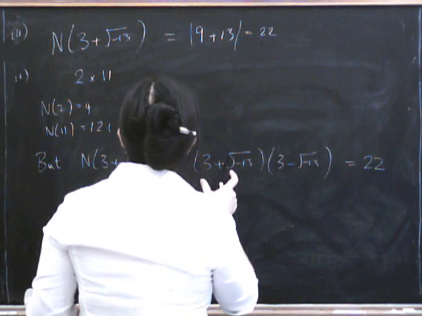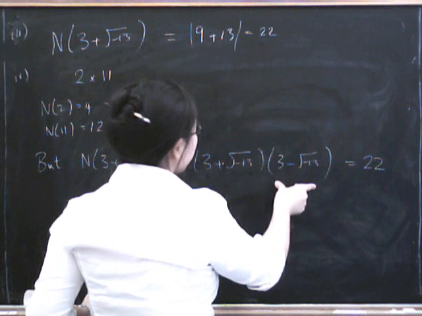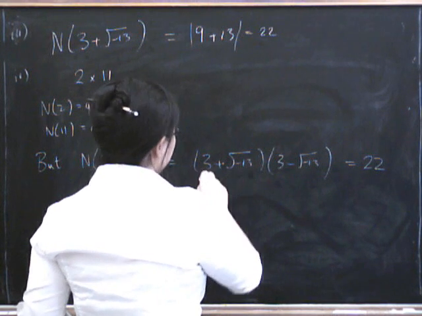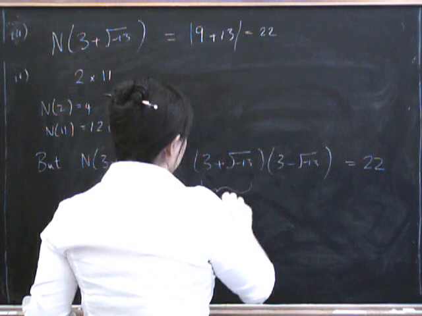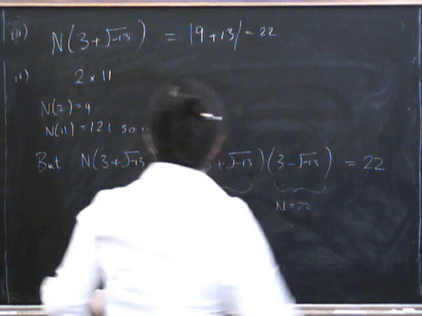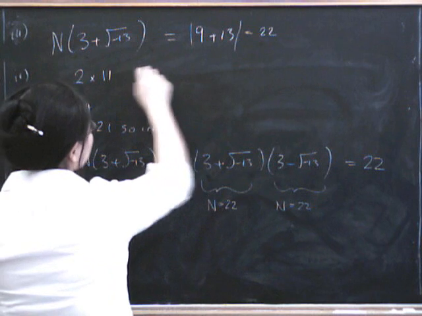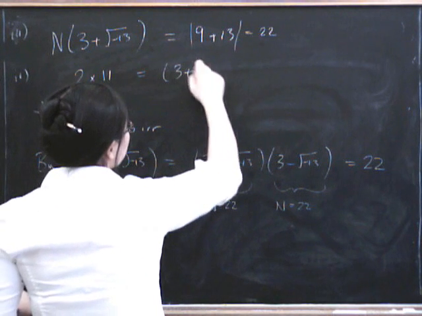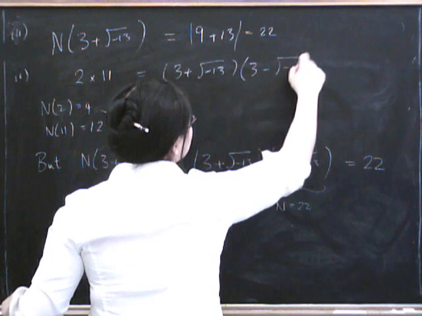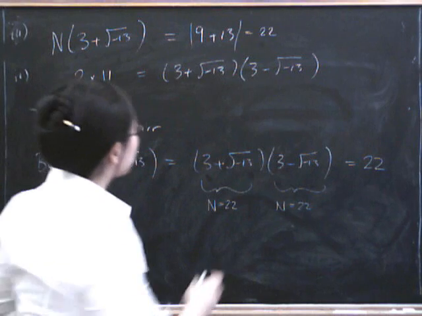And we know that these are both irreducible because the norm of this is 22, which means it must be irreducible. So the norm of this is 22, so it's irreducible, and the norm of this is 22, so it's also irreducible. And so we've got that 2 times 11 equals 3 plus root minus 13 multiplied by 3 minus root minus 13. That's 2 different factorizations of 22.